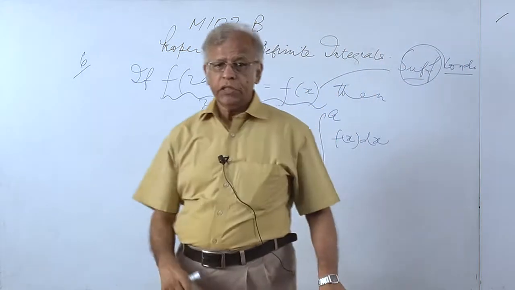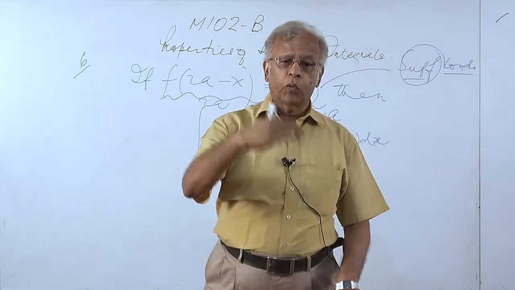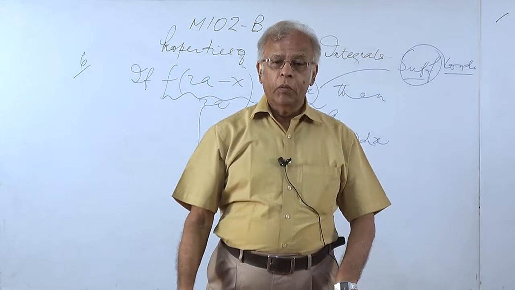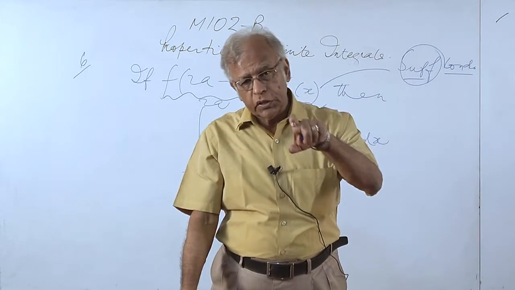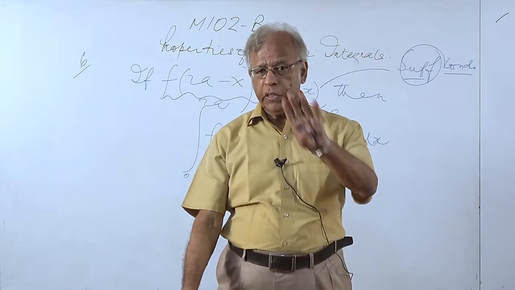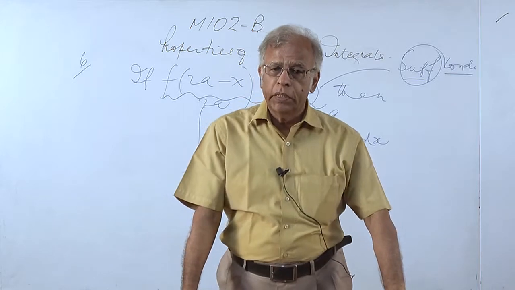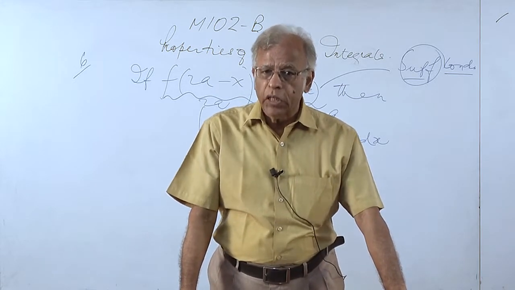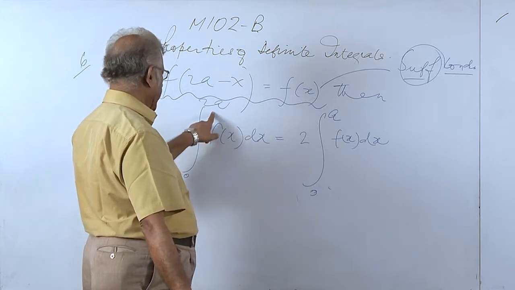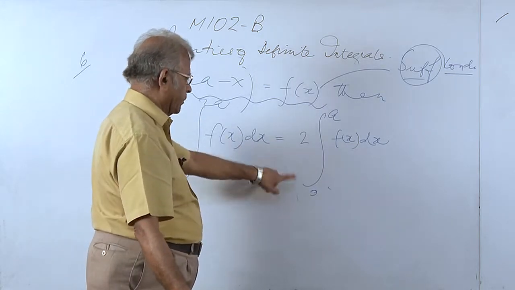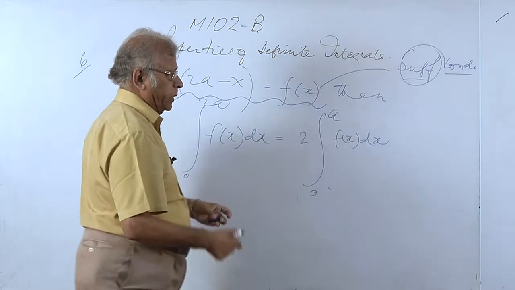There are many cases in which 0 to 2a will be twice of 0 to a, where this condition is not satisfied to start with. But if this condition is known to be satisfied for a particular function f(x), then that condition is good enough to make this assertion that the integral 0 to 2a of f(x) dx is twice the integral 0 to a of f(x) dx.